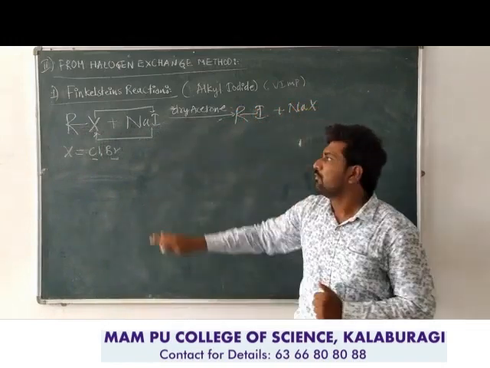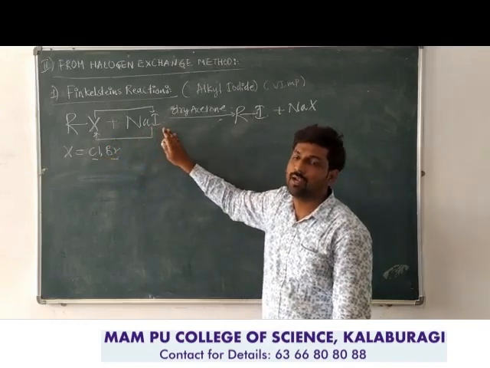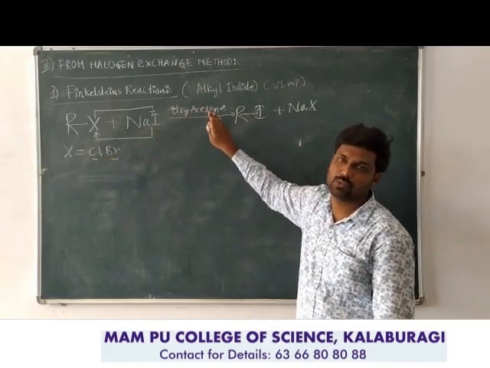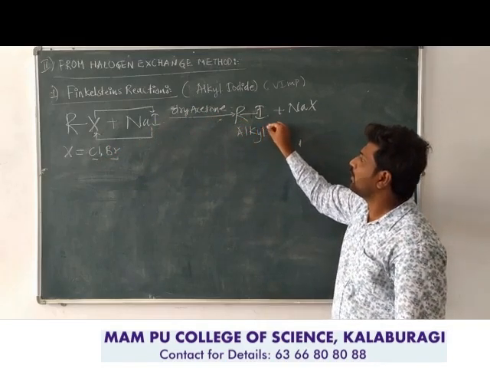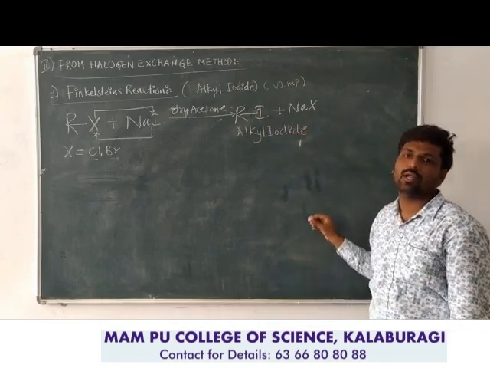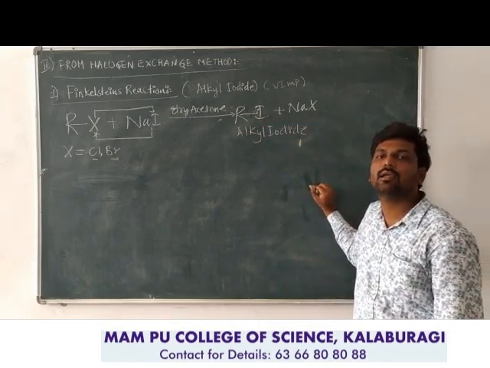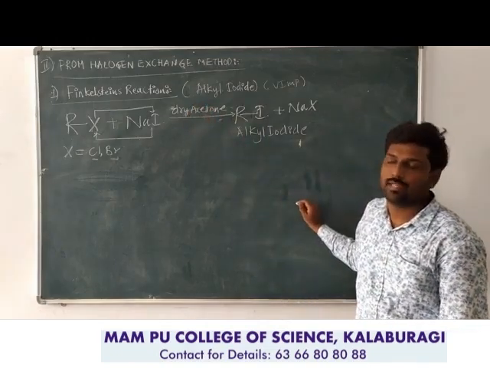When the alkyl halide such as chloride or bromide is heated with sodium iodide in the presence of dry acetone, formation of alkyl iodide takes place. This alkyl iodide may be methyl iodide, ethyl iodide, propyl iodide, any alkyl iodide. The name of the reaction is Finkelstein's reaction.